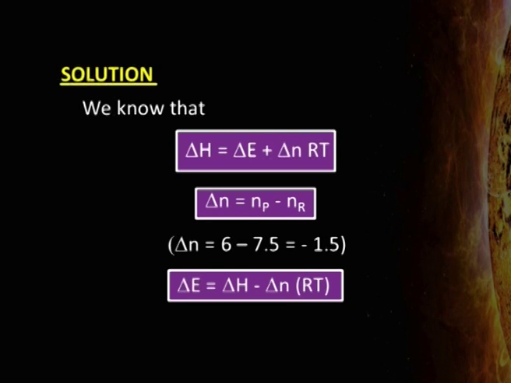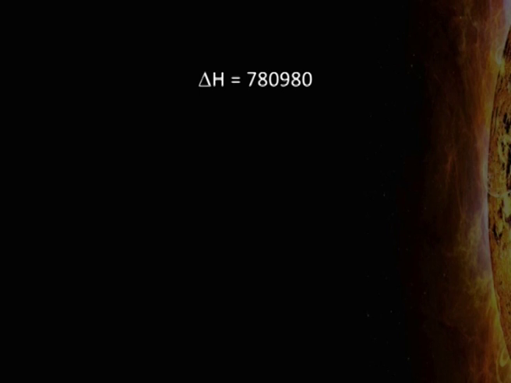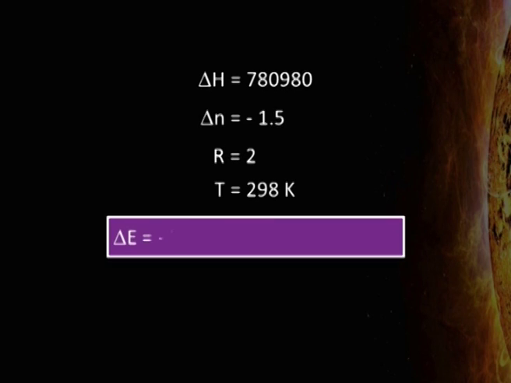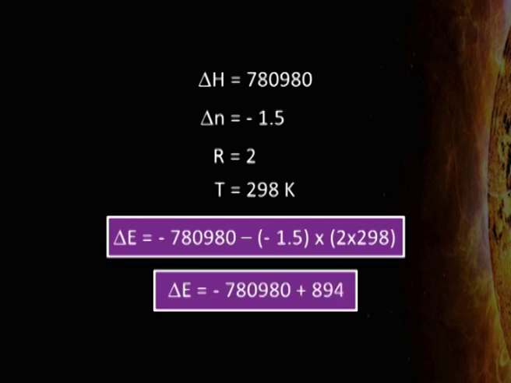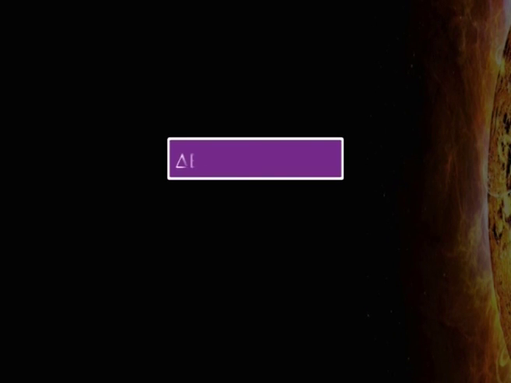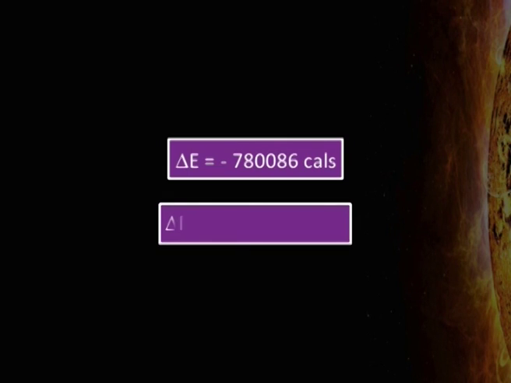Putting the value of delta H equal to minus 780,980, delta N minus 1.5, R equal to 2 calories and T equal to 298 Kelvin, we will have delta E equal to minus 780,980 plus 894, which is equal to minus 780,086 calories or minus 780.086 kilocalories.